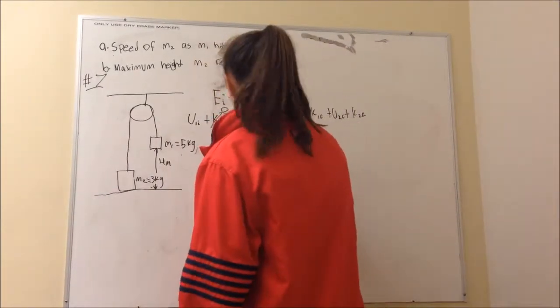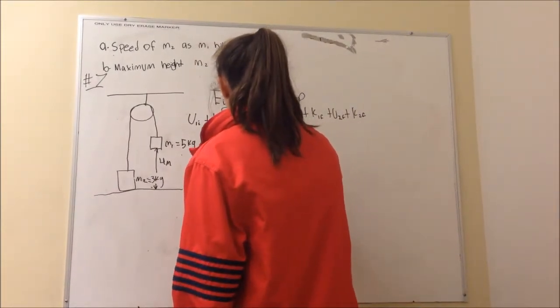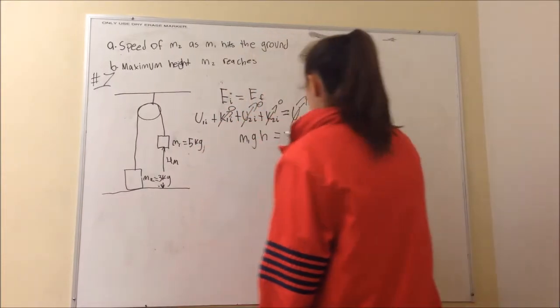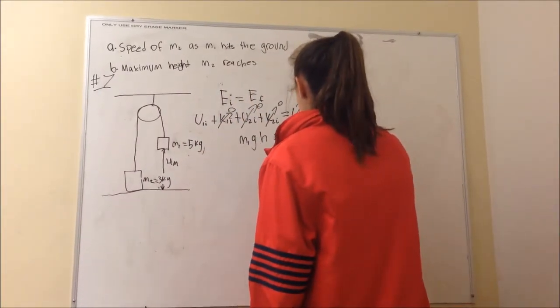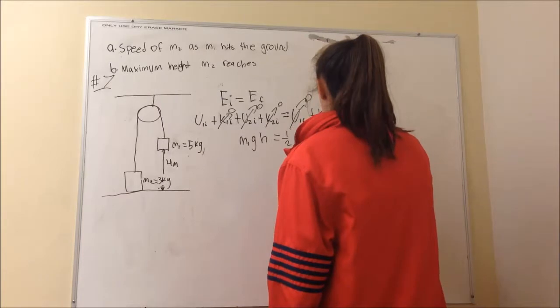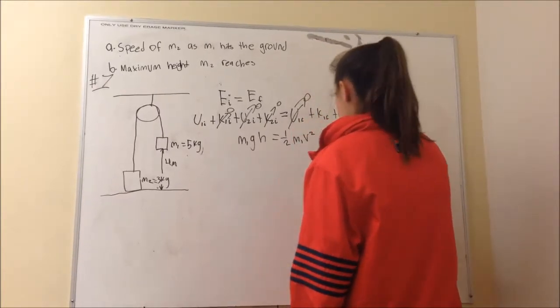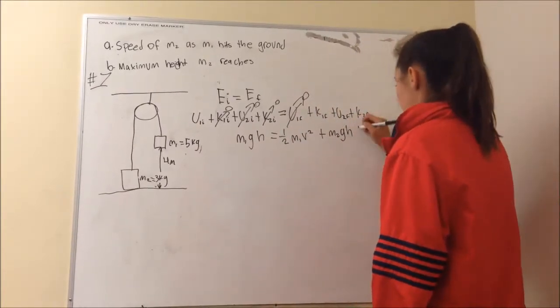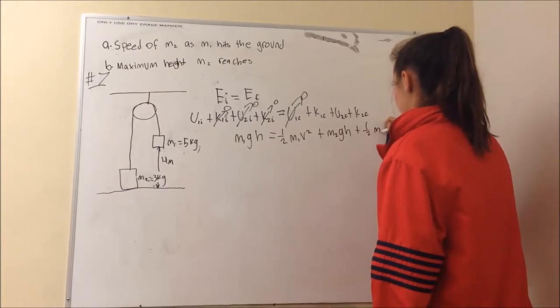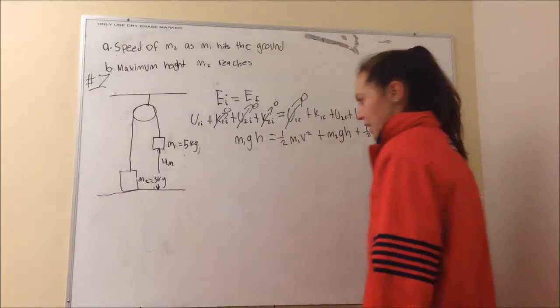Okay, so we're going to have m1 g h equals 1/2 m1 v squared plus m2 g h plus 1/2 m2 v squared.